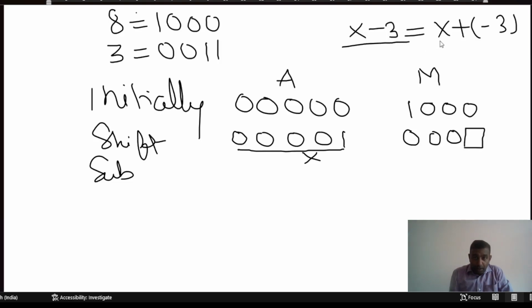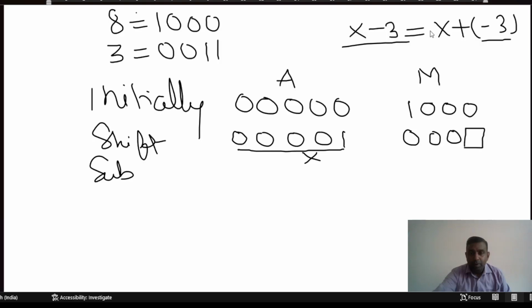There is a mechanism by which we can represent minus 3 in binary. How can we represent minus 3 in binary?